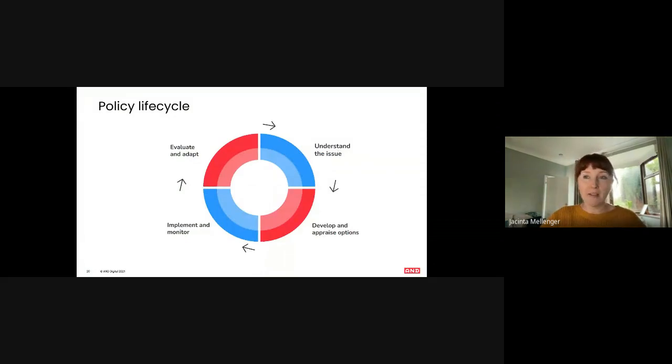So a very quick recap on last session. Last time we went through the stages of the policy cycle in terms of understanding the issue, developing and appraising options, implementing and monitoring policy, and then evaluating and adapting it, and what policymakers might be doing at each of those stages.